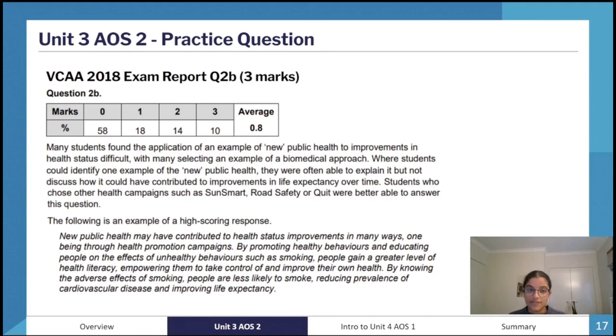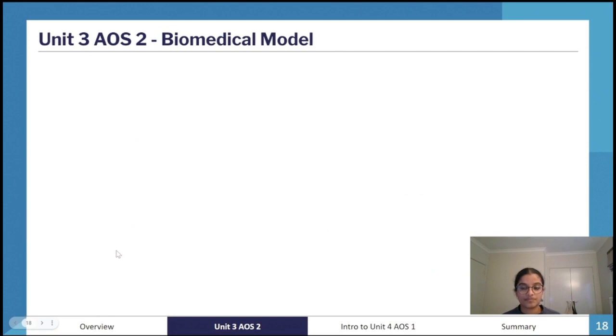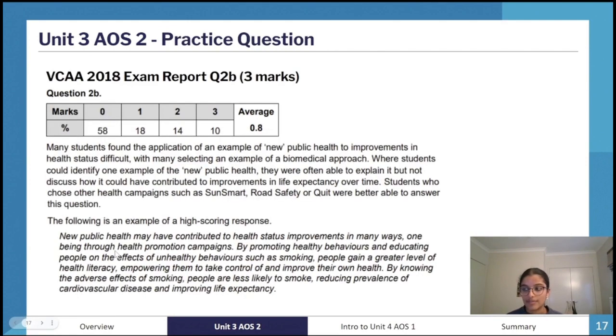By knowing the adverse effects of smoking, people are less likely to smoke. This reduces the prevalence of CVD and improves life expectancy. It's a really good example in that it draws on a range of examples and then narrows in on that one example and how it improves life expectancy over time. If your answer didn't have improving life expectancy, you might not have gotten the marks because you didn't actually link it or answer the question.